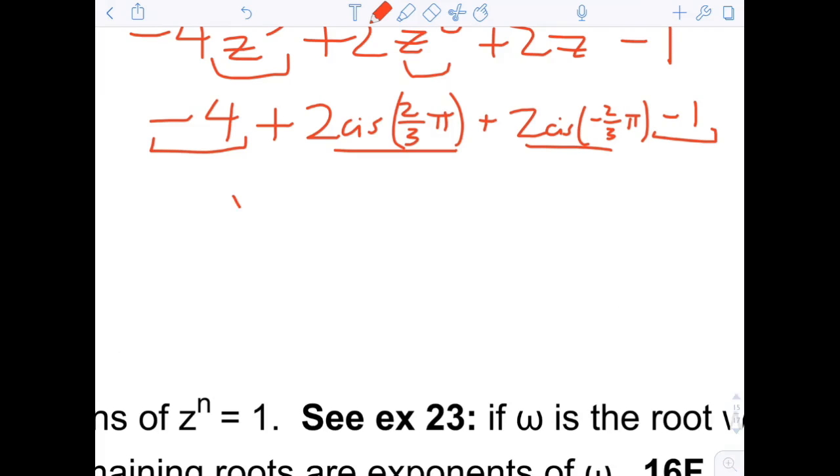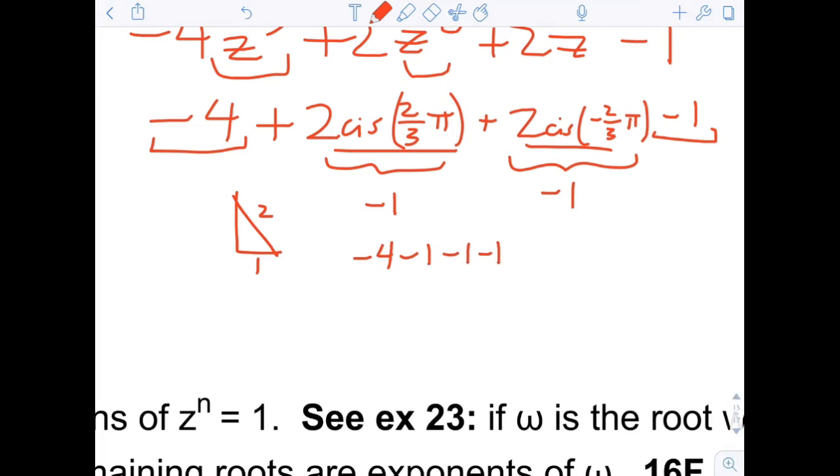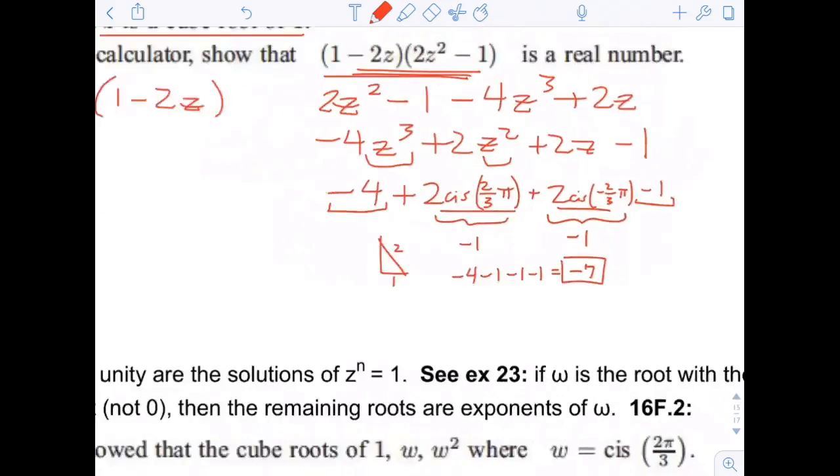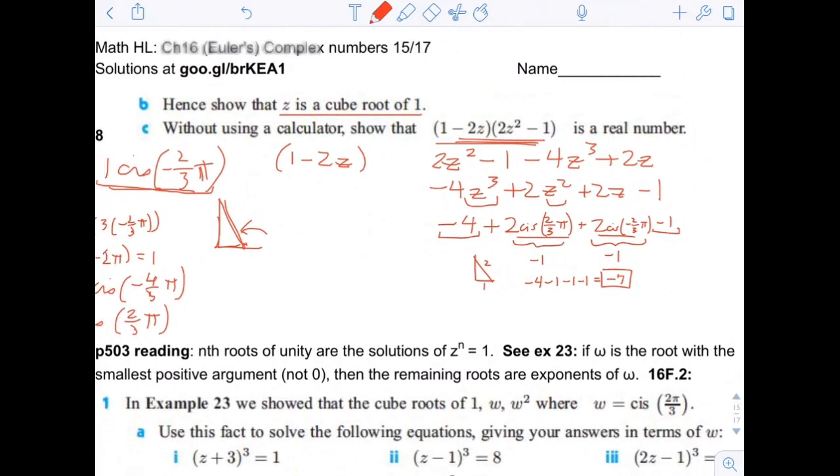With 2/3 pi and a hypotenuse of 2, the real part of this one is negative 1, and the real part of this one is negative 1 also, and the imaginary parts are opposite and they'll cancel each other out. So we'll have minus 4, minus 1, minus 1, minus 1. So the whole thing is going to be minus 7. And it's a real number, right?